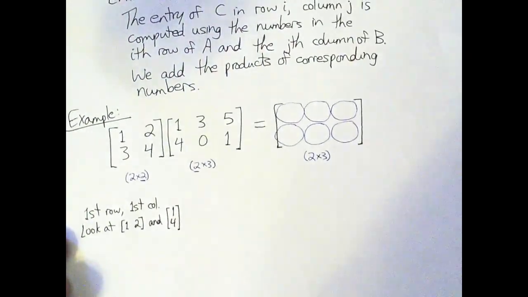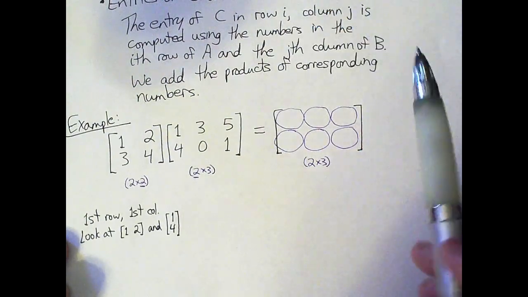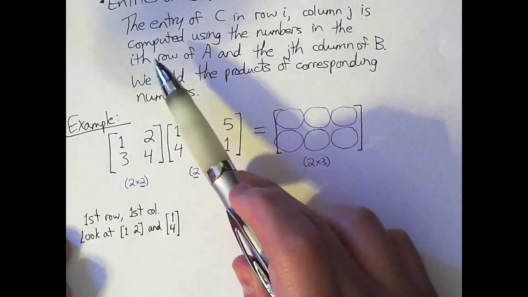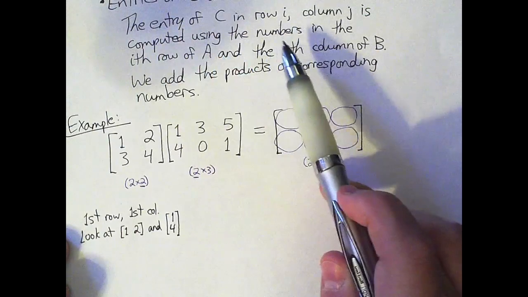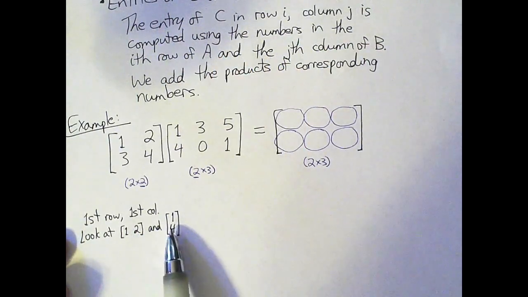It said it over here: the entry in row 1, column 1 is computed using the numbers in the first row of A and the first column of B.